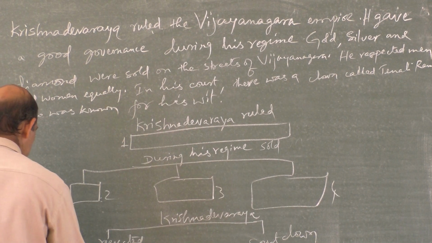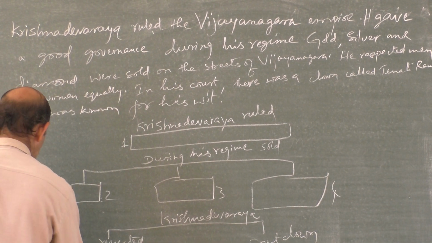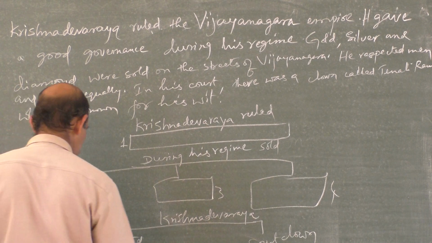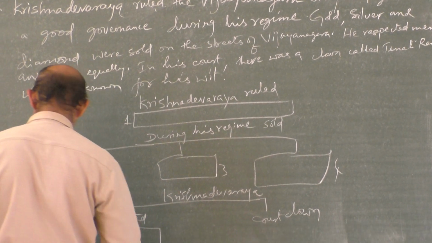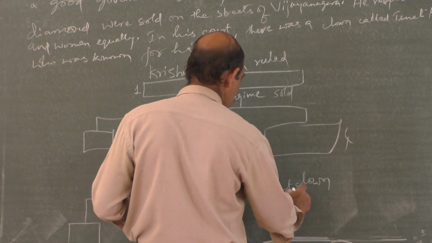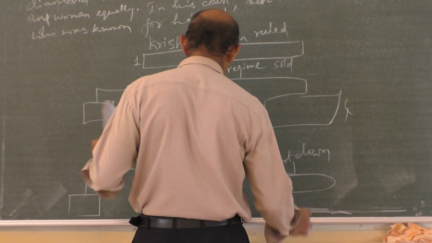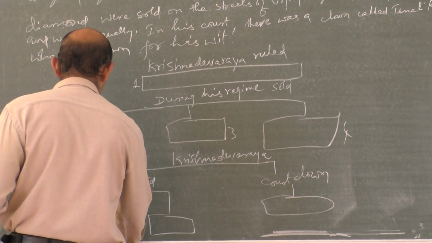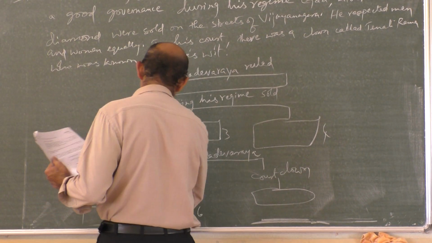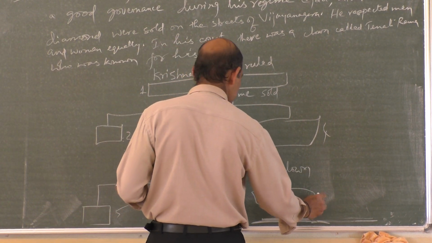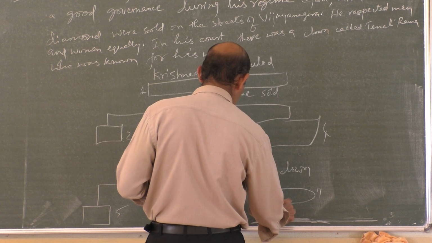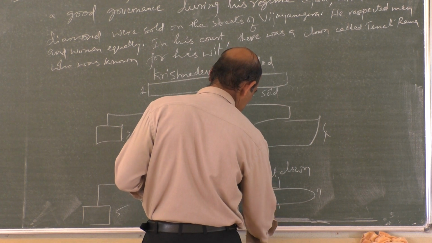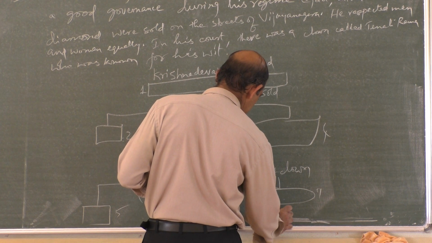Now respected, 2 boxes. Court clown named. So 4, 5, 6, now 7, now known for. I hope that you can see this one.